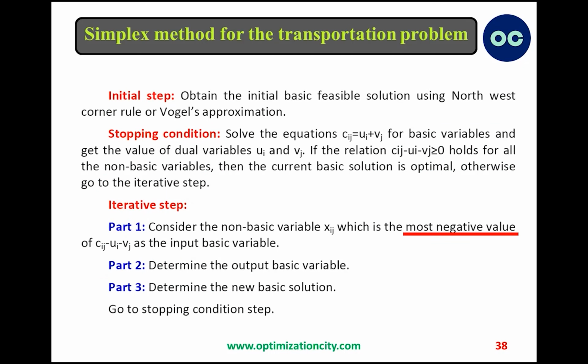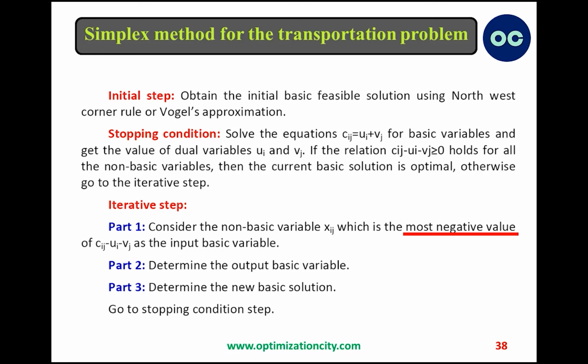Before we proceed with solving the example using the simplex method for the transportation problem, let's continue with the formal explanation of the simplex method for the transportation problem. In the initial step, we obtain the initial basic solution using either the northwest corner rule or the Vogel approximation method.